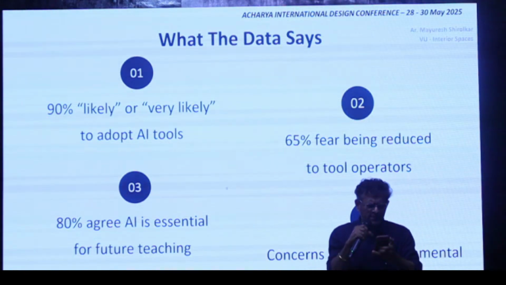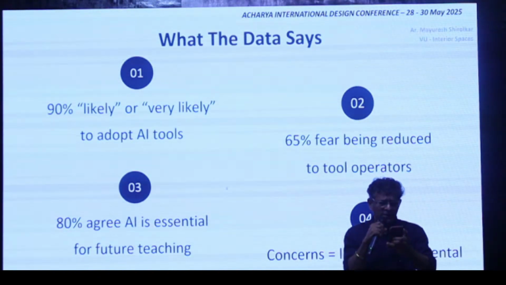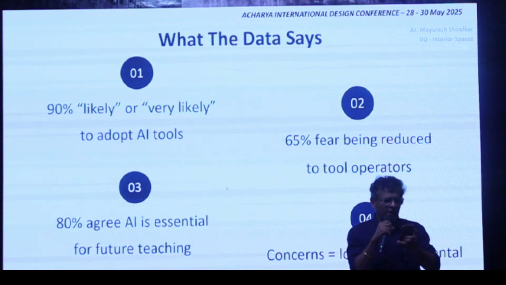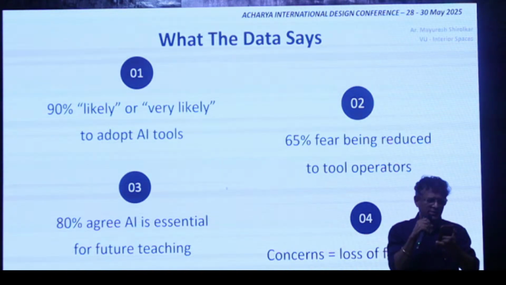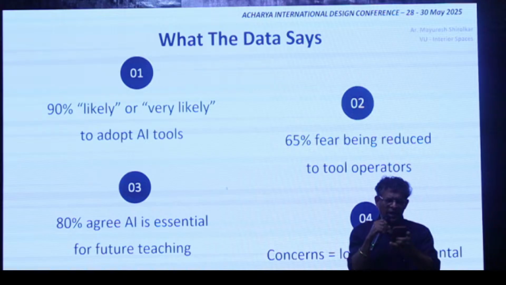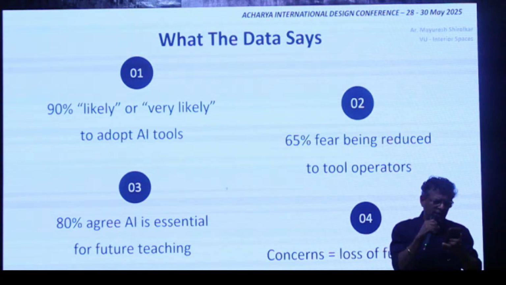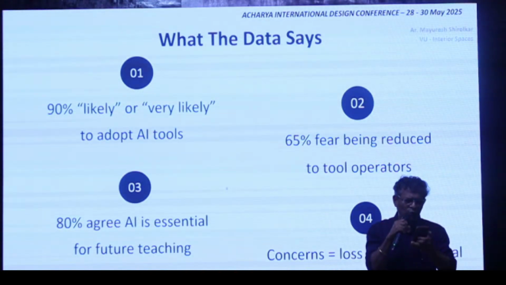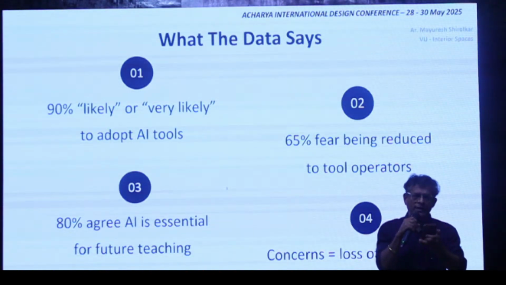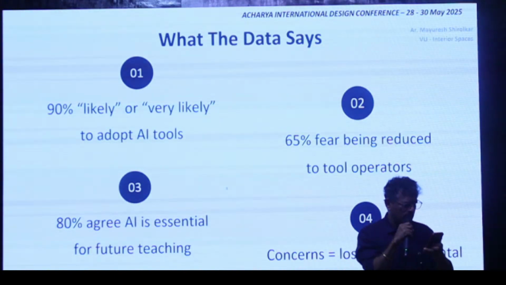But 65% express concerns about becoming mere operators of these tools, fearing a loss of creative agency. The concern is that educators feel limited rather than empowered. Additionally, 80% agree that AI is essential for the future of teaching to be relevant to the learners and also to the system.